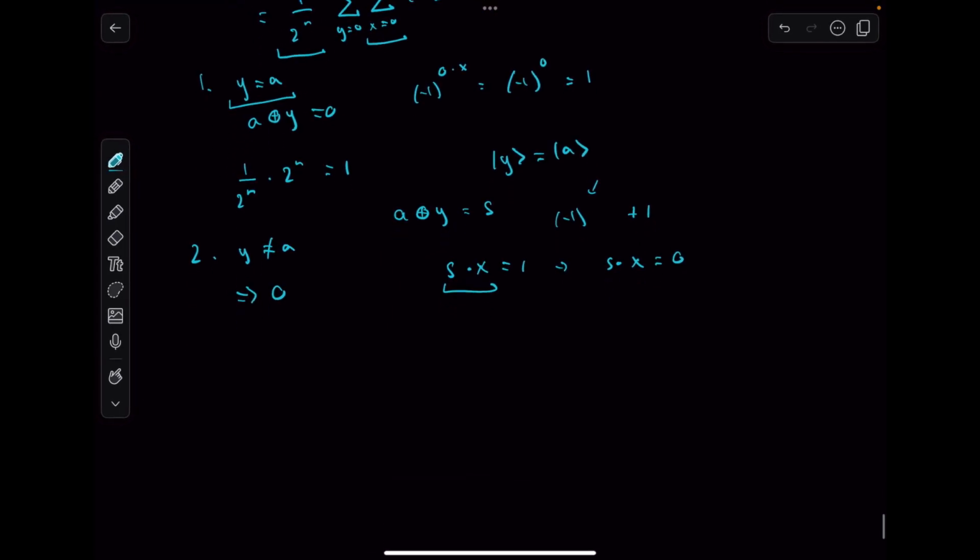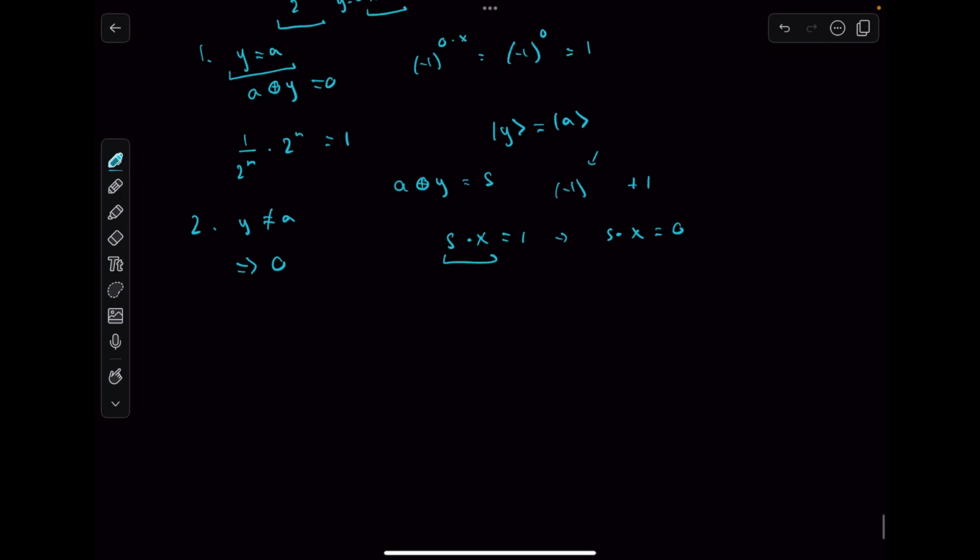So the only state that we could possibly measure in the input register after running the circuit is, well, I'll just go back to x because it's our input, x is equal to a. So we don't even need to look at the output register. We've sort of just thrown a into there.